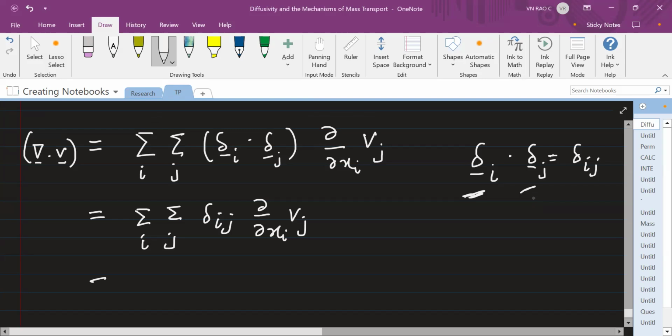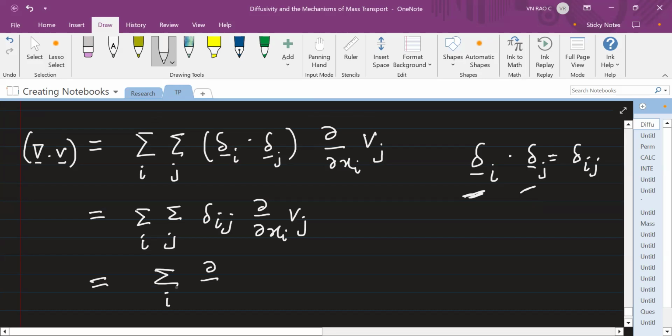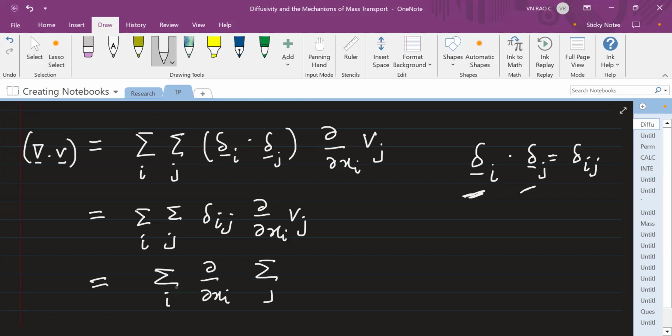Now I make it like this: sigma i dou by dou xi, and then I write sigma j delta ij vj.